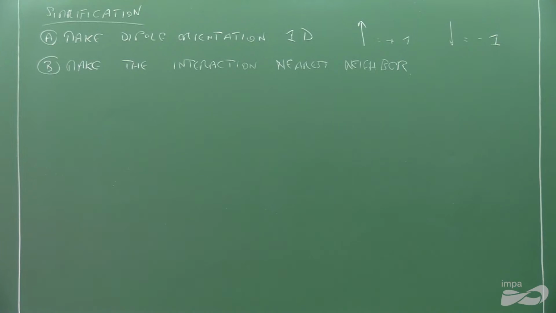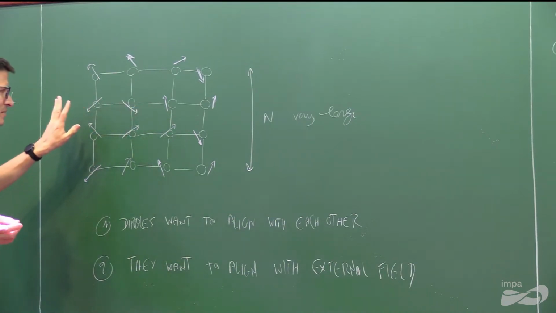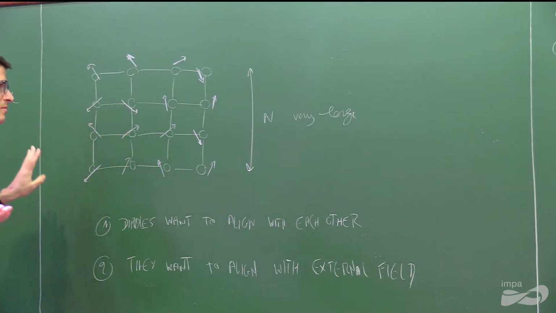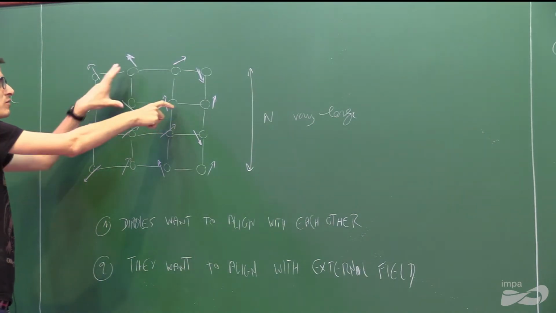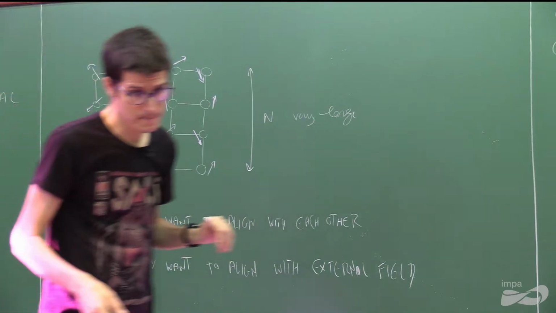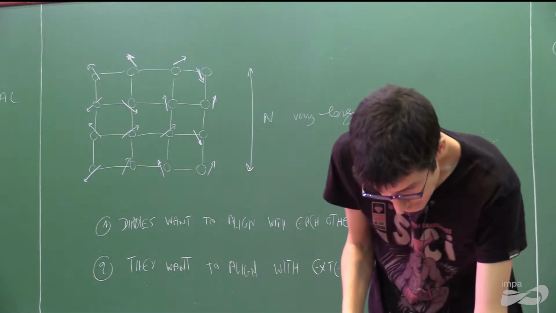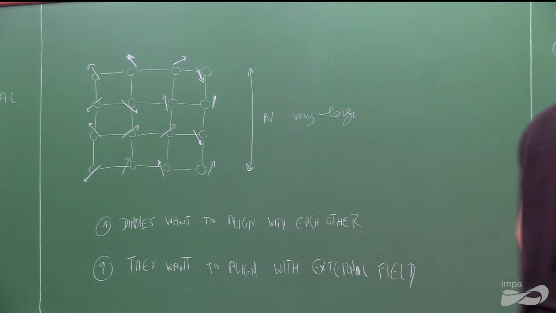But in our case, we are just going to say that this influence between spins will just be nearest neighbor, in the sense that this guy will want to be aligned with its neighbor. This will be the only thing we will require. Okay, and this is basically it.